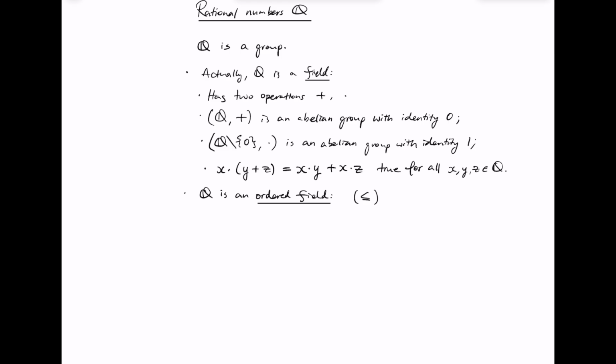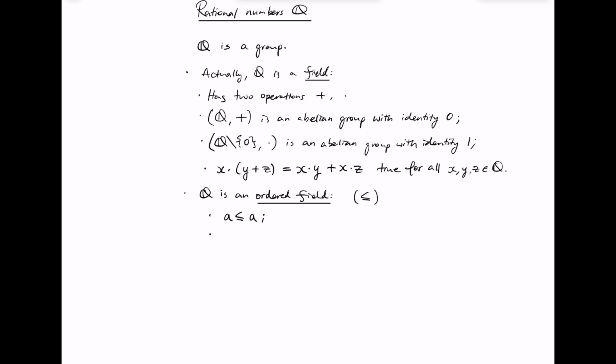Let's see what properties this order satisfies. When you have a rational number A, of course it's equal to itself, so in particular, it's less than or equal to itself. That's kind of obvious.